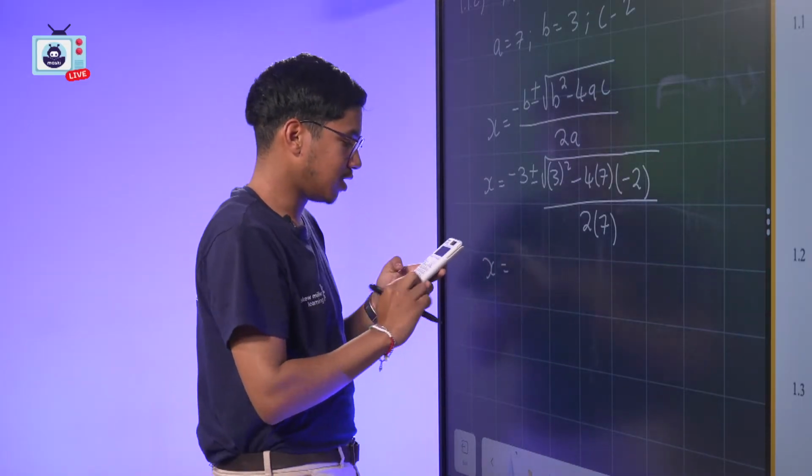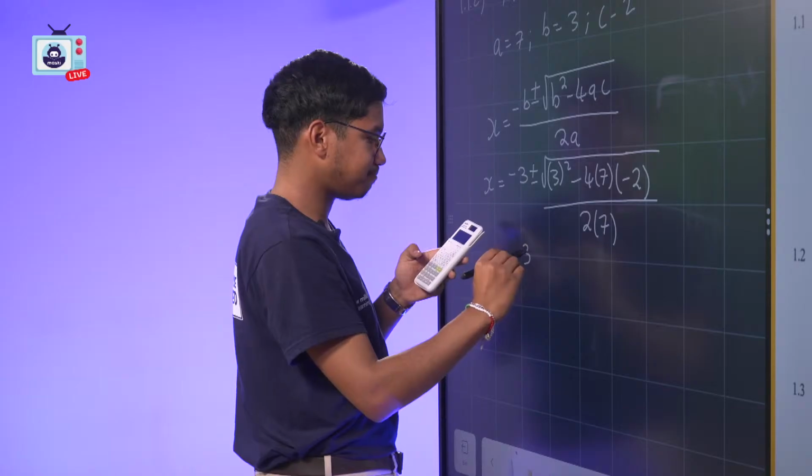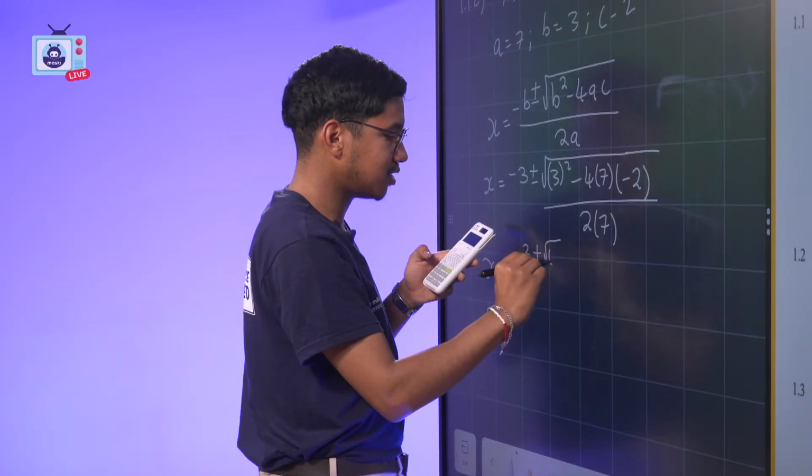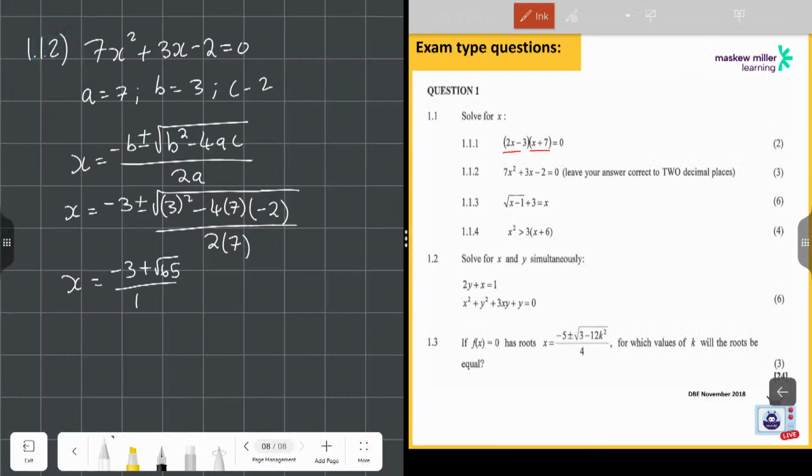Right? So here I get negative 3 plus root 65 over 14. So here I must have an or x is equal to negative 3, in place of the plus I put a minus, root 65 over 14.